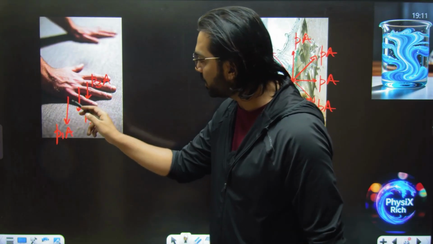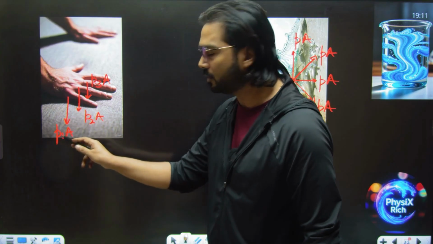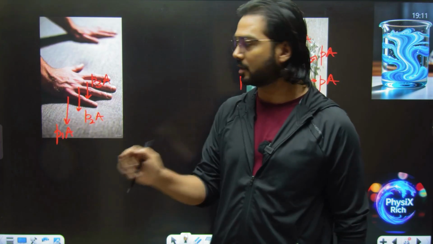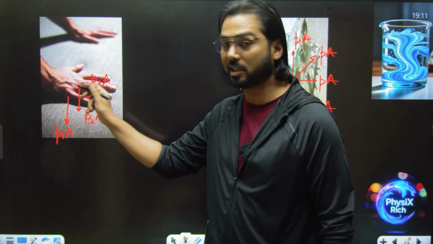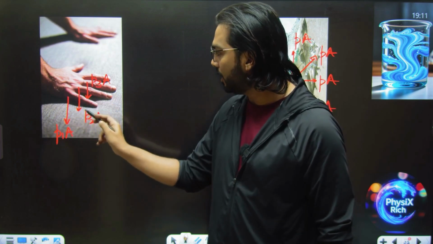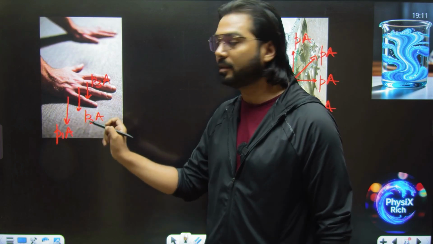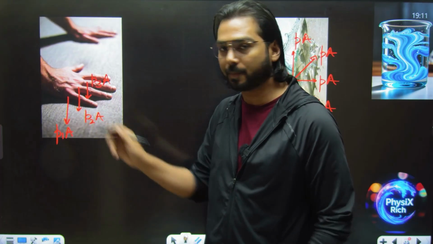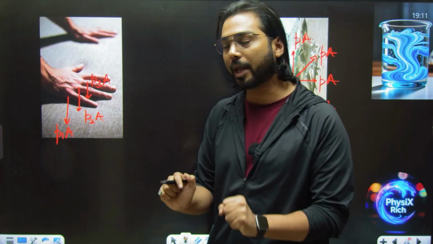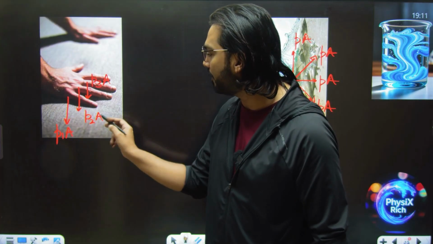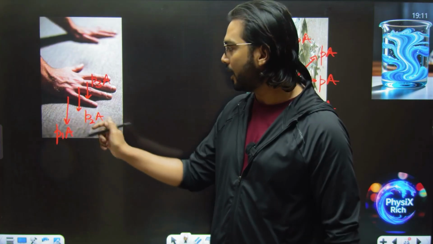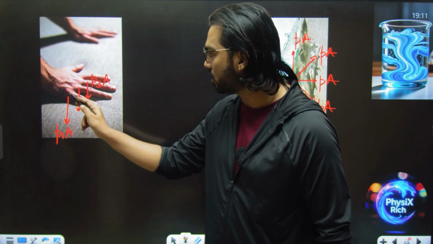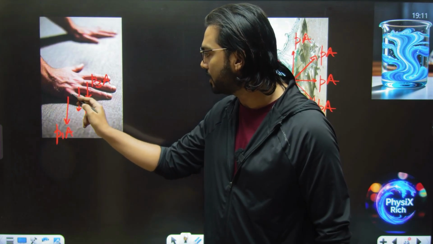Now, if the pressure because of this finger is P1, then the force acting downwards will be P1A, where A is the small area on which this pressure is acting. Similarly, this will be P2A and then there will be P3A. P1, P2, P3 being the respective 3 different pressures at 3 different points because of this man doing push-ups. Where A is the area that I've assumed to be the same, and P1A is the force acting due to the pressure because of the contact that this man has at this point.